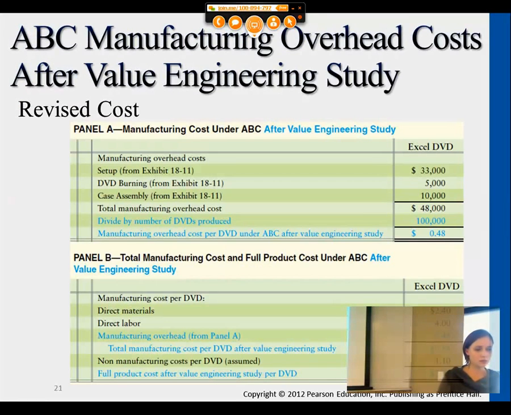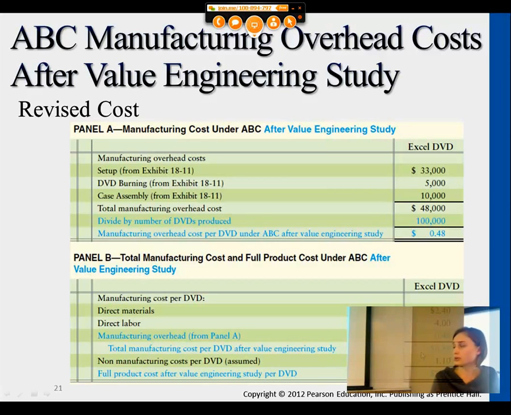So we've calculated manufacturing overhead, 48 cents. Now we have the total manufacturing cost per DVD after the value engineering study. So we found it's 6.88.